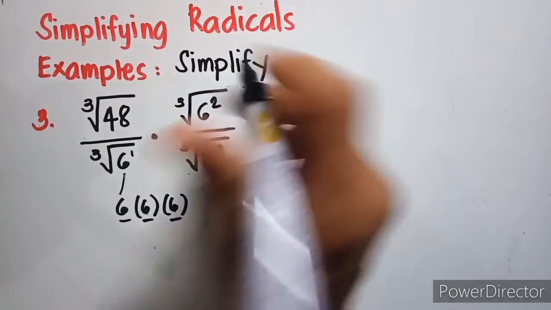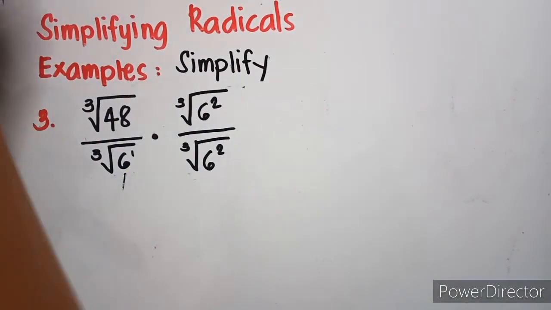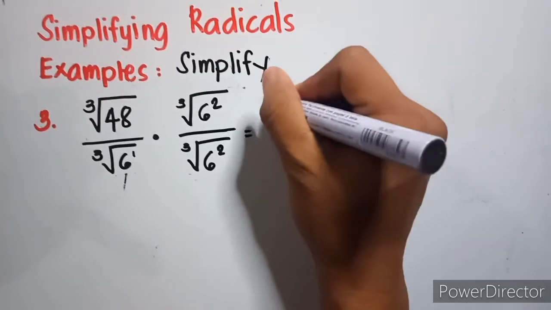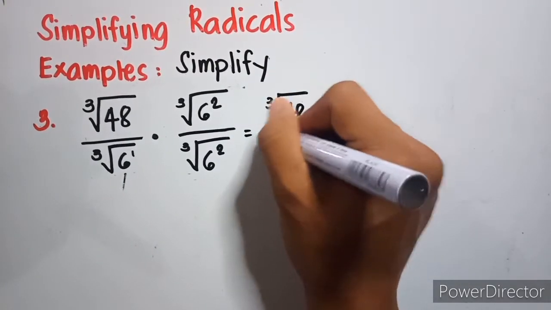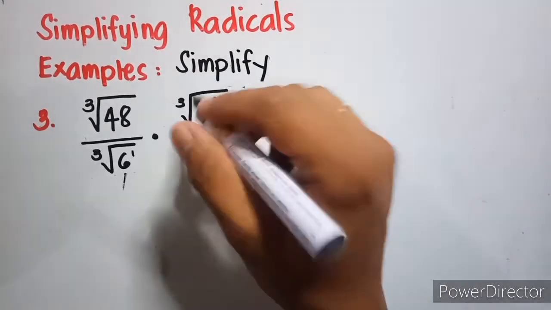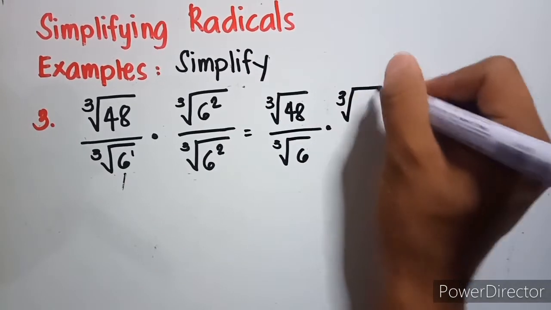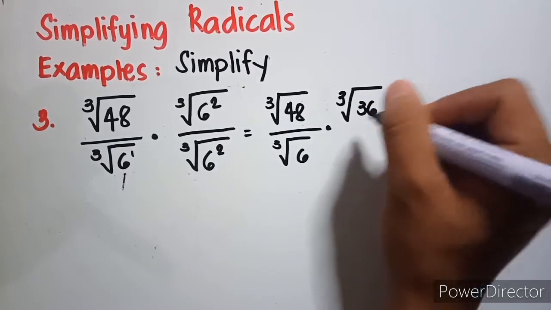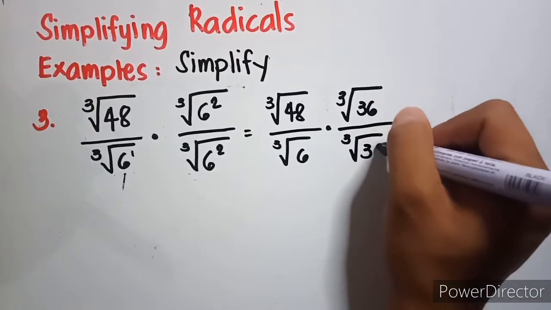So, this is equal to cube root of 48 over cube root of 6 times 6 squared, which is cube root of 36. 6 times 6 is 36 over cube root of 36.